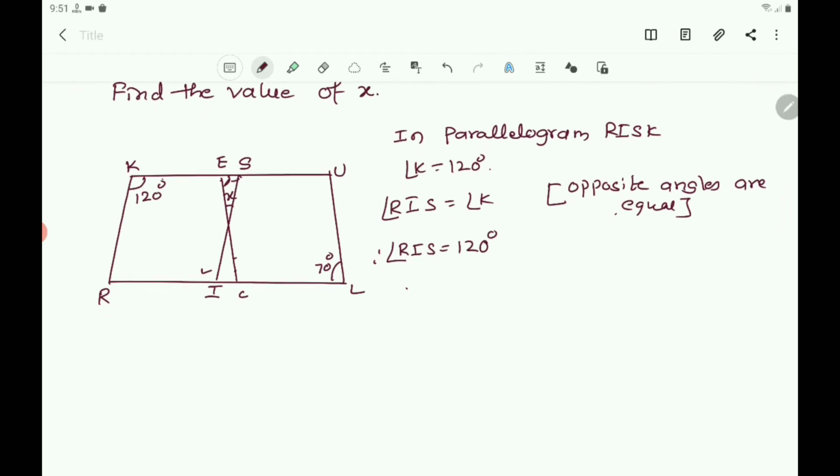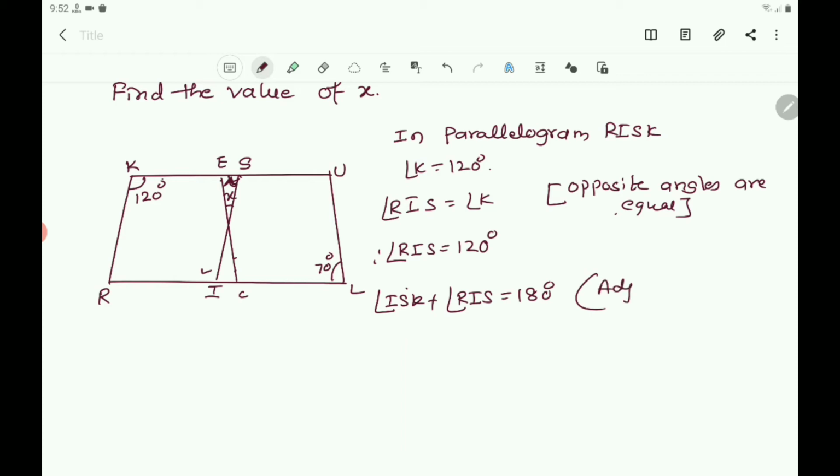Now you try to get the angle ISK. Angle ISK plus angle RIS must be equal to 180 degree, because you know that they are adjacent angles. These two angles, angle RIS and angle ISK, are adjacent angles.